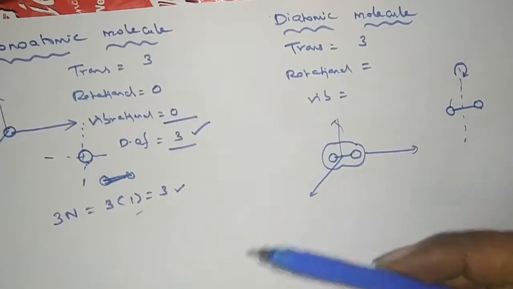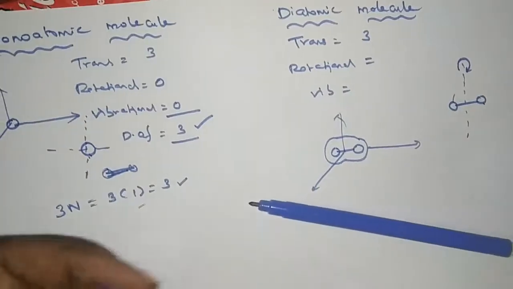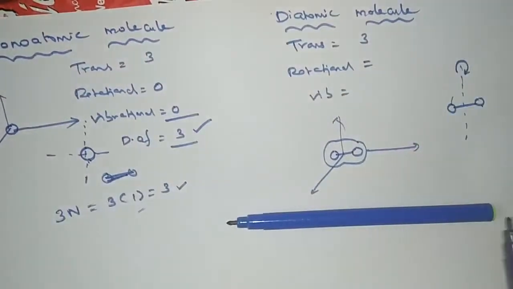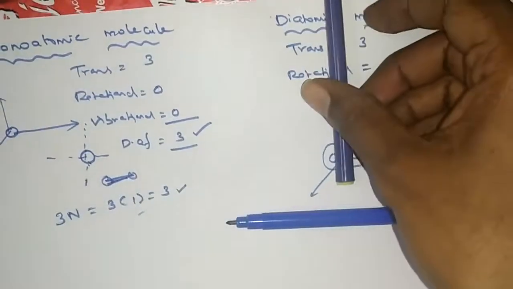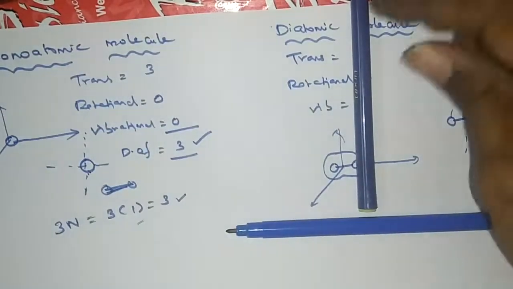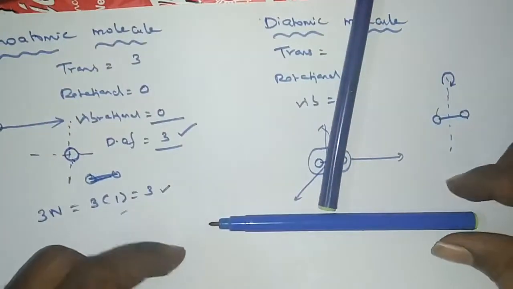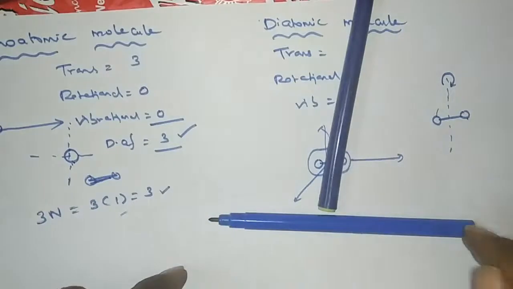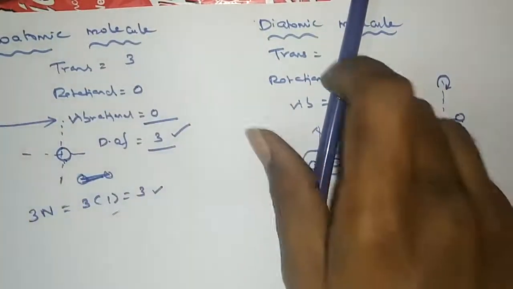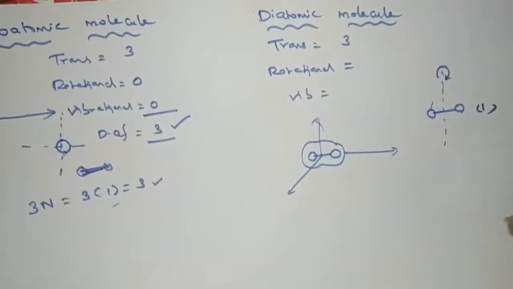So this is my diatomic molecule, one atom here, another atom here, and I'm passing the axis perpendicular to it and rotating in this direction. If I rotate like this, this atom comes over here and this atom comes over here. So this kind of rotation happens. So one rotational motion it has got now.